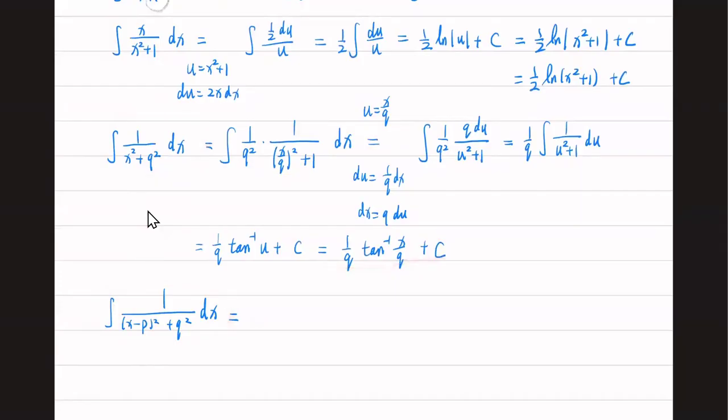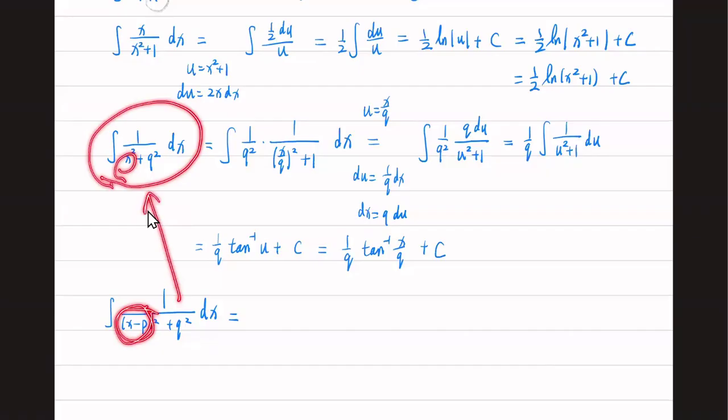What's the difference between these two integrals? There's the minus p part. Okay, minus p. So how do we change this so we can apply the formula? What change would you make?